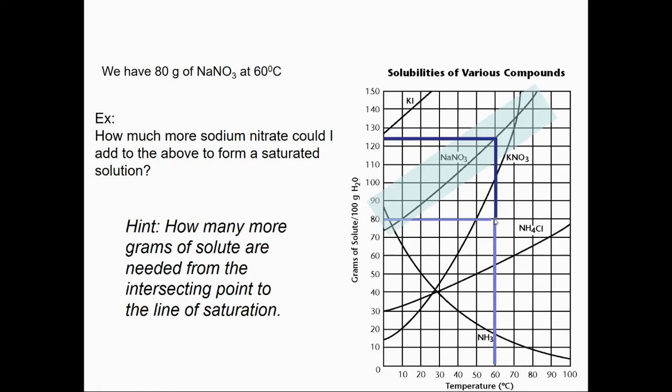So if we already had 80 grams, how many more grams of solute are needed to hit that 124? So we would do 124 minus 80. I can add 44 grams to this solution and still have it dissolve to make a saturated solution.